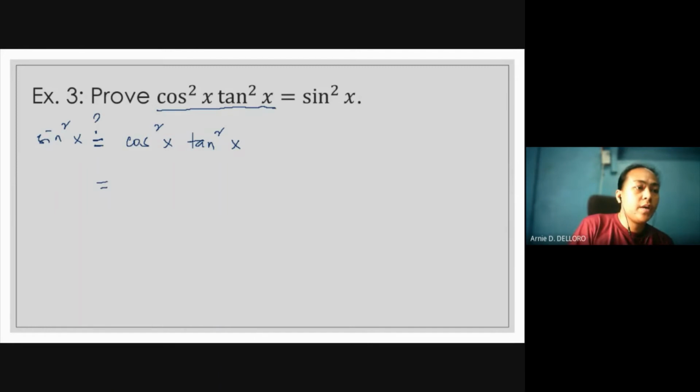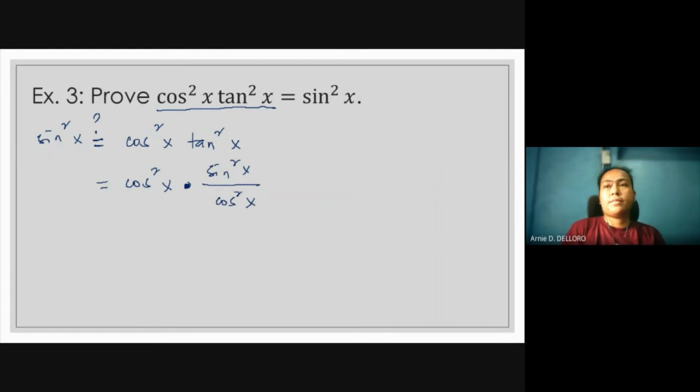So, cosine squared x, copy lang natin. Yung tangent squared x, pwede natin siyang i-simplify using the quotient identity. And we can rewrite tangent squared x as sine squared x over cosine squared x. Then we have cosine squared x times sine squared x over cosine squared x.